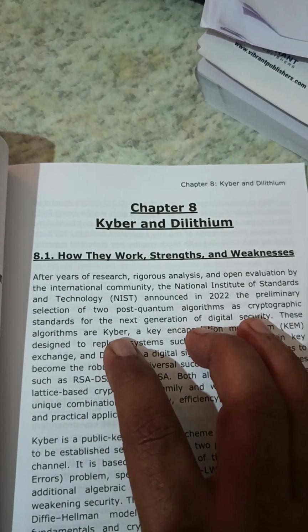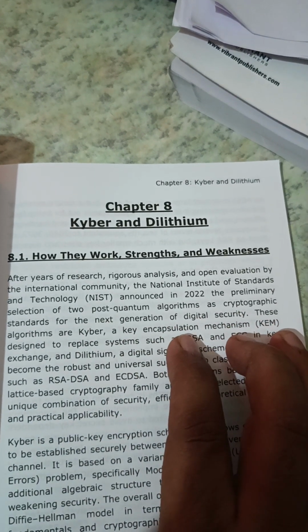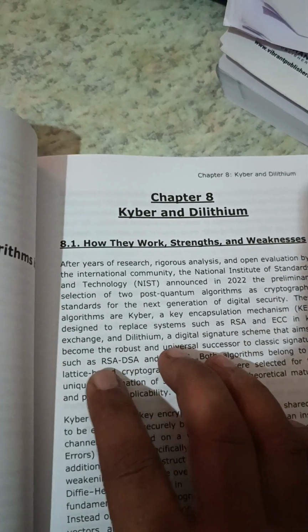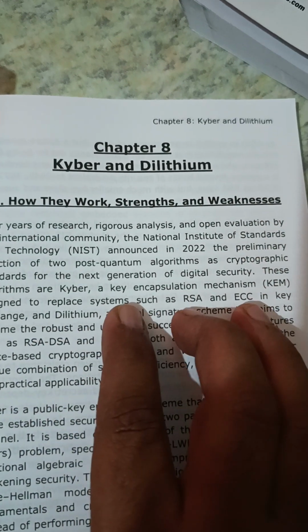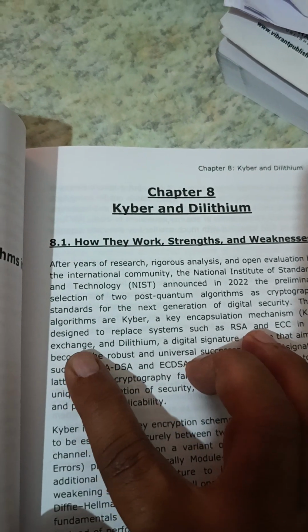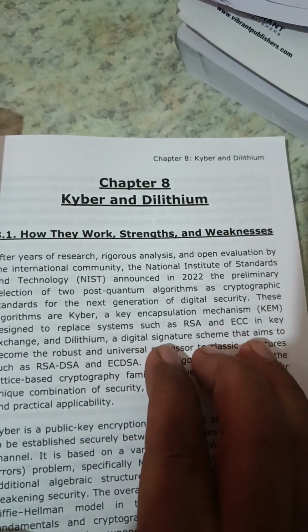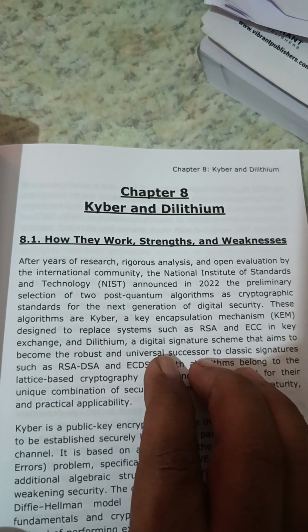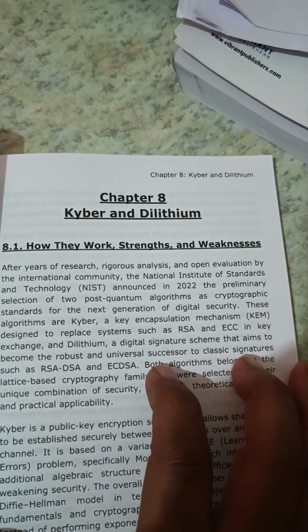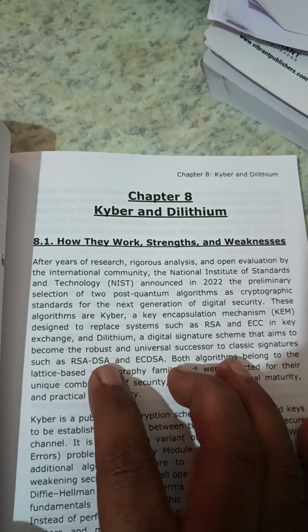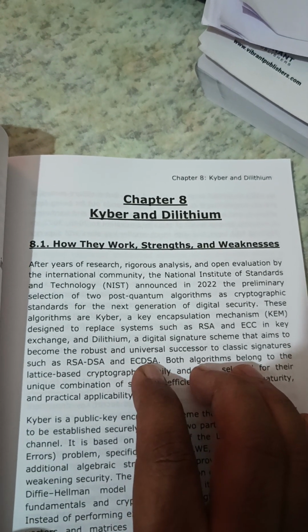These algorithms are Kyber, a key encapsulation mechanism (KEM) designed to replace systems such as RSA and ECC in key exchange, and Dilithium, a digital signature scheme that aims to become the robust and universal successor to classic signatures such as RSA, DSA and ECDSA.